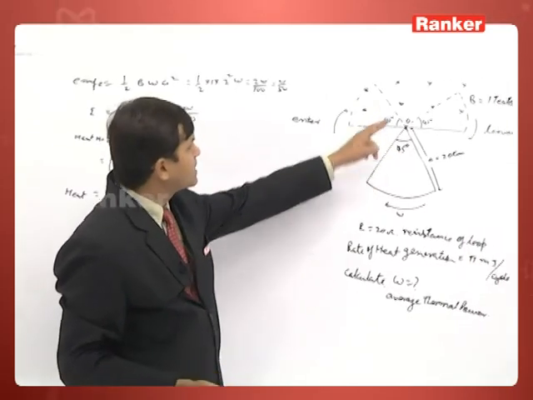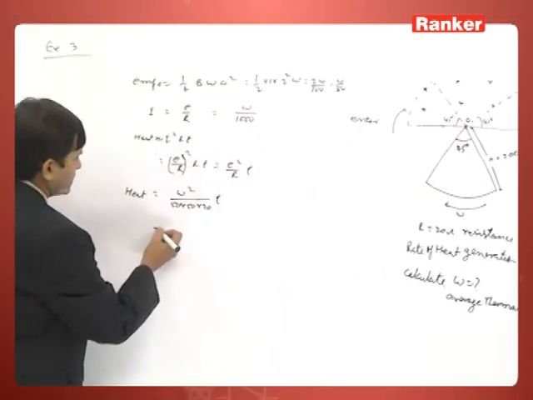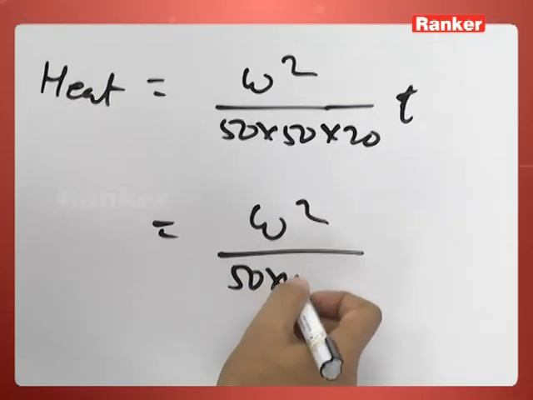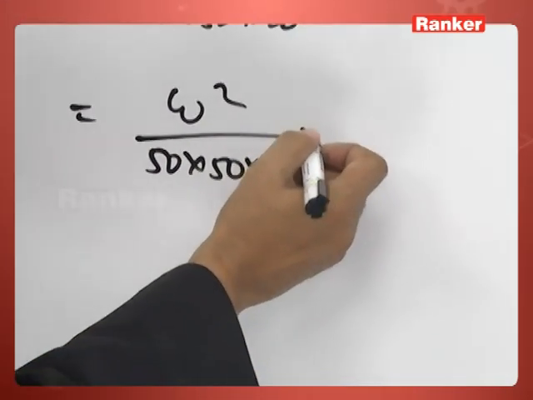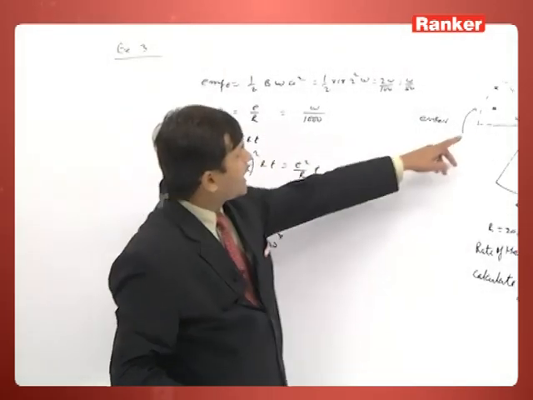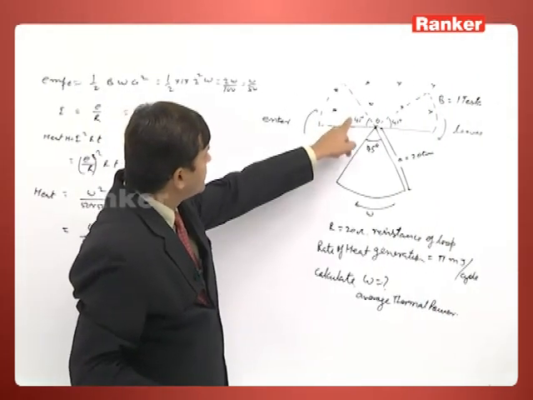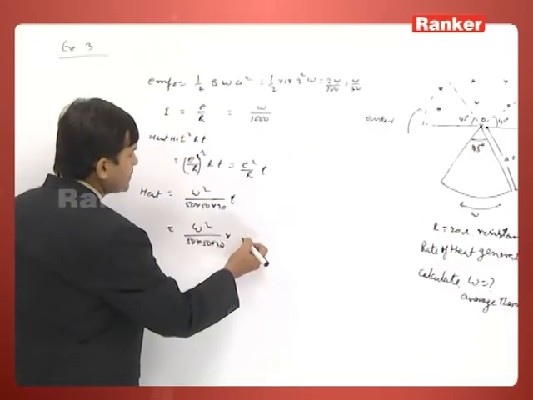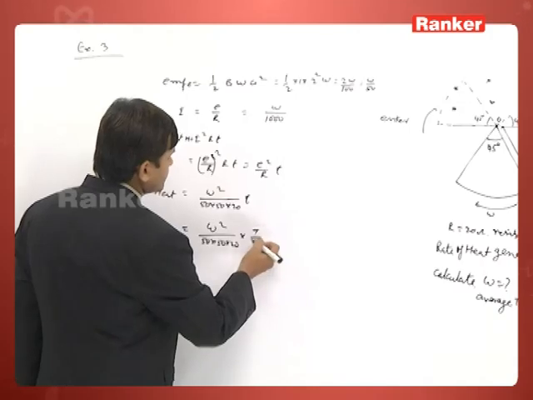So how much time will it take? So omega square by 50 into 50, into 20, times the time it will take. The total angle here is 45, here 45, total angle is 90, so time period by 4.